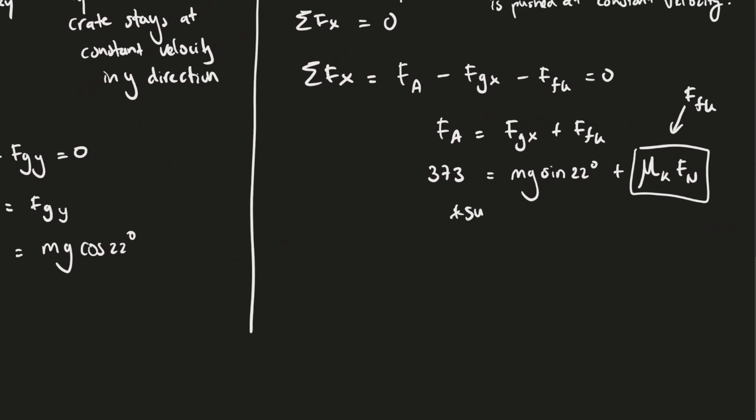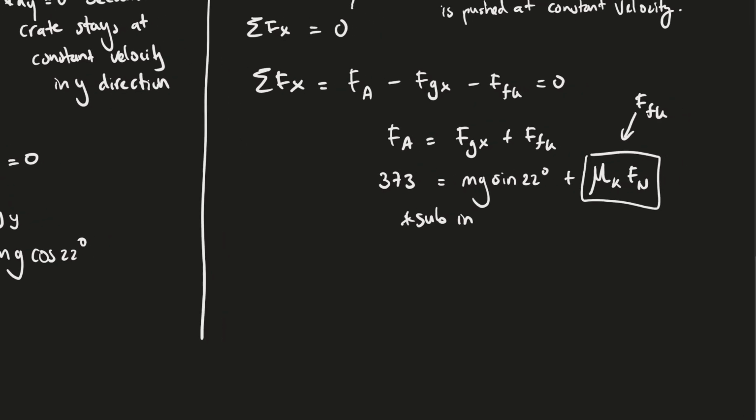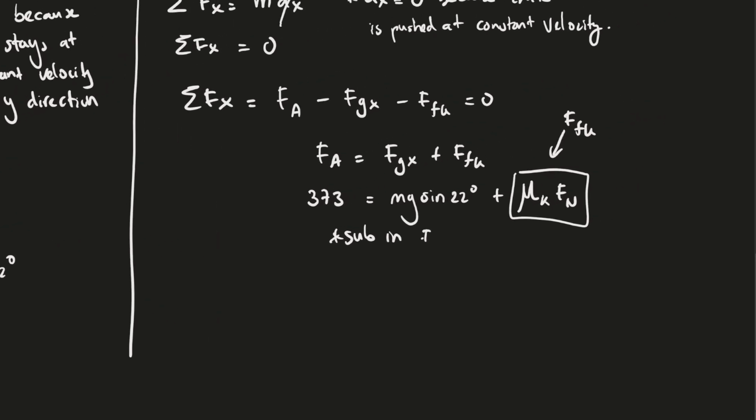It's going to be 373 equals mg, and we're going to leave mg as mg for now, sine 22 degrees, and then we're going to do mu k times Fn. Fn is going to be mg cos 22 degrees.